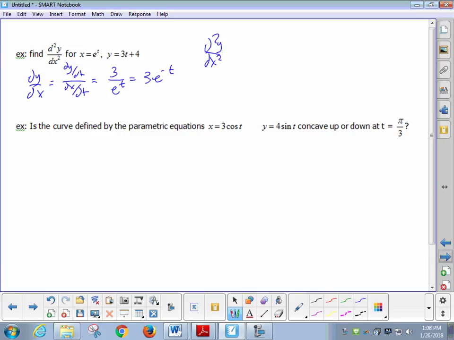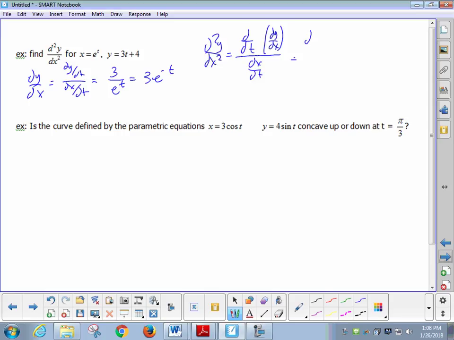The more you write this, the more you remember. So I'm going to say, again, you first take the derivative with respect to t, but then divide by dx/dt.